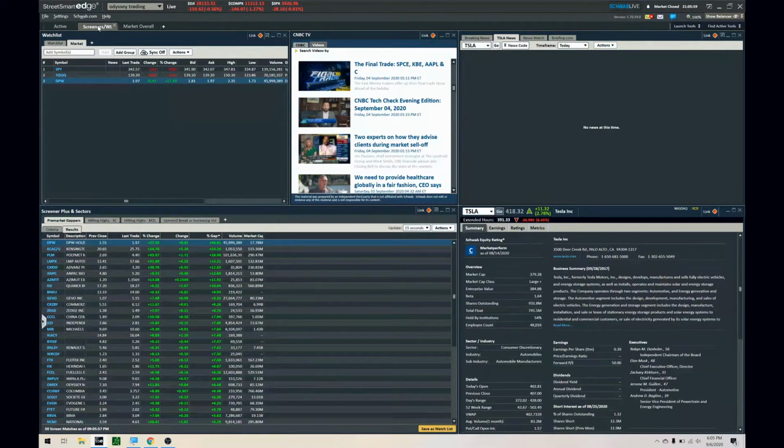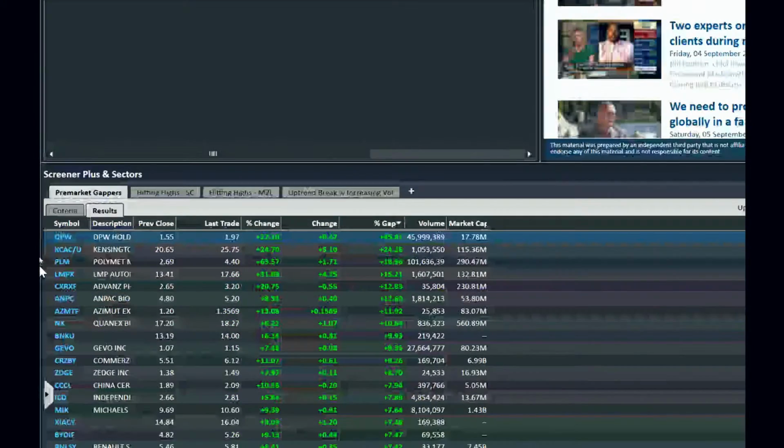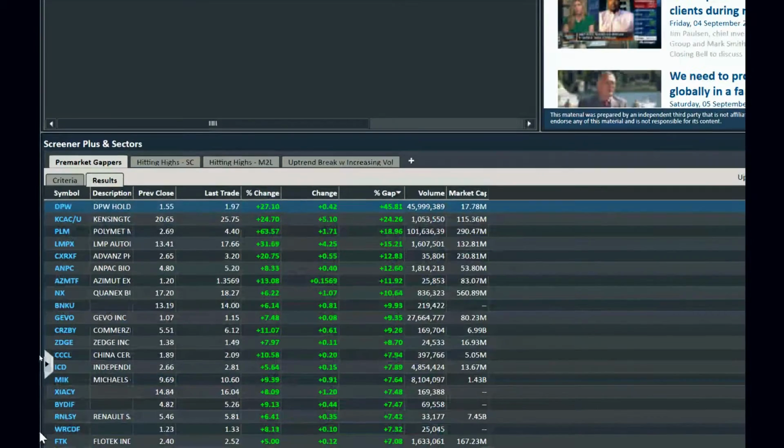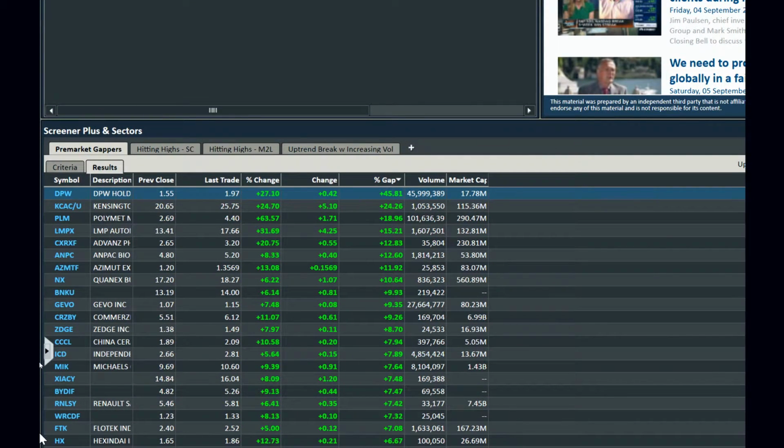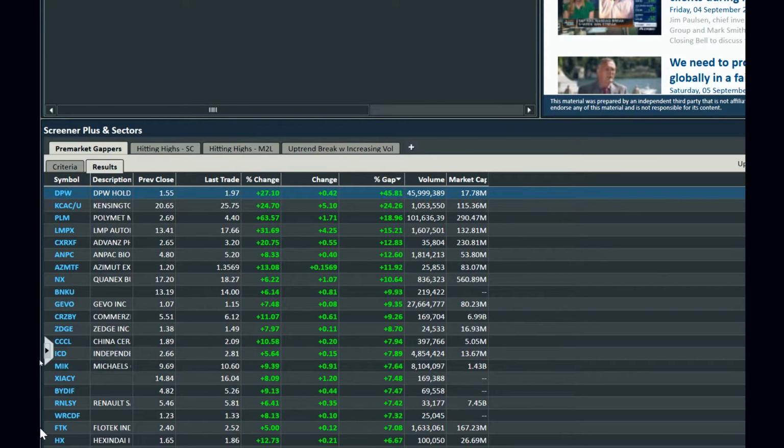Just to quickly go into screeners and watch lists, I use this for my research. I typically wake up 45 minutes to an hour before the market opens. Because I am on the West Coast, it is pretty early for me, but I do manage to get up. I do my checklist of items, look at my screeners at the bottom here, look at my pre-market gappers, and then figure out what research I need to do.